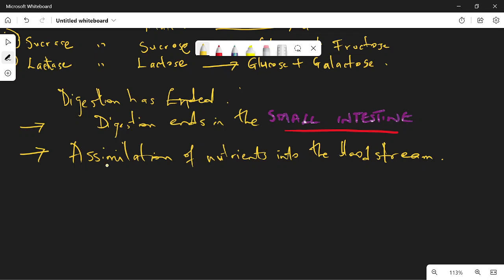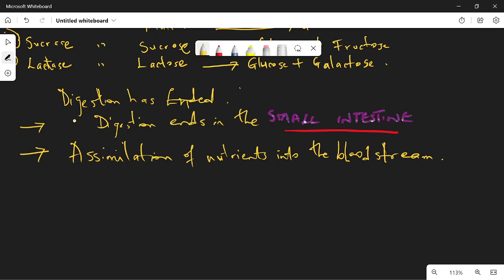The first thing is the end of digestion. And the second thing is assimilation of nutrients into the blood stream.